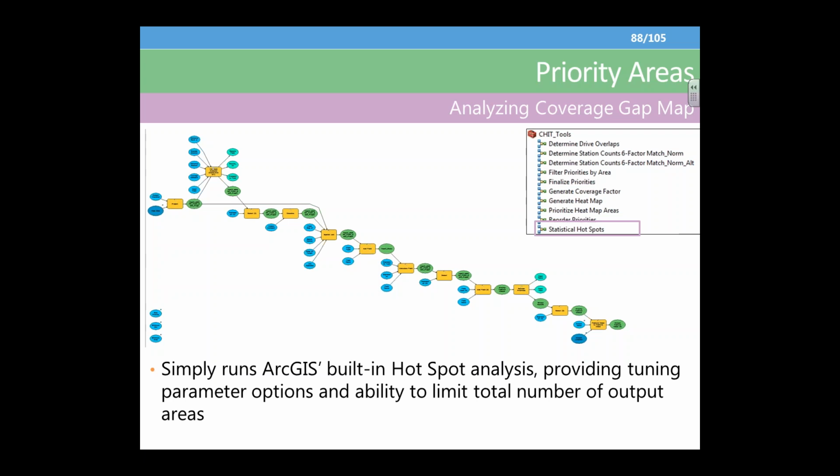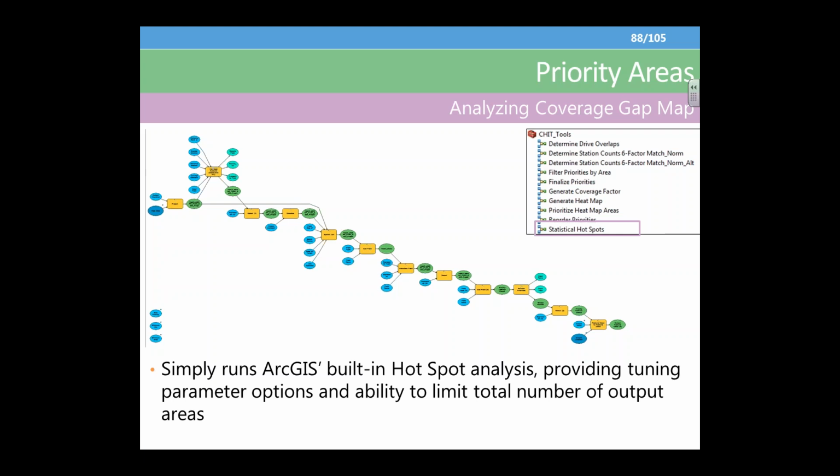Just because you have one area that has a really high value, there might be areas around it that have a slightly lower value that could still be part of that overall hotspot. You don't want to eliminate areas that are pretty high just because they're not the highest on a local scale.